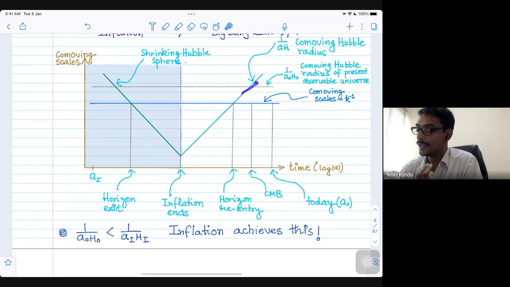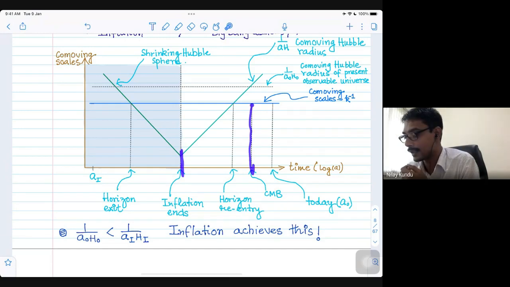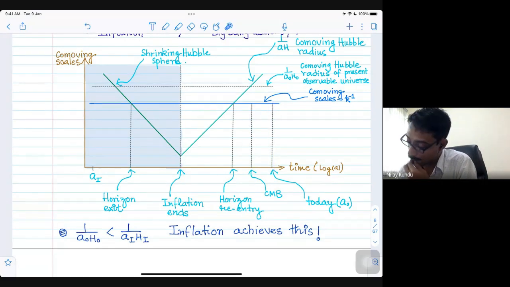So each day we are seeing more and more modes entering. Inflation ended here, at some point the CMB formed, and today we are all here.